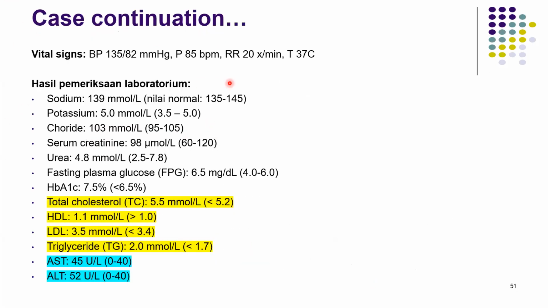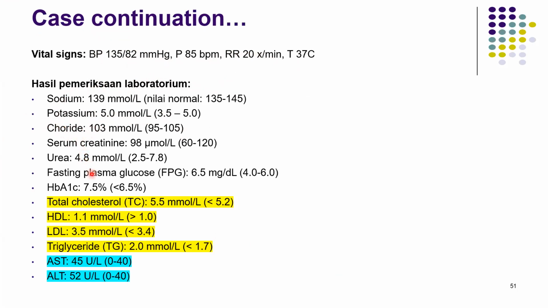Now case continuation, vital signs. The BP has gone down a bit, and pulse, respiratory rate, okay. And then the sodium, potassium now is normal, but potassium tends to be high, and chloride is a typo error.